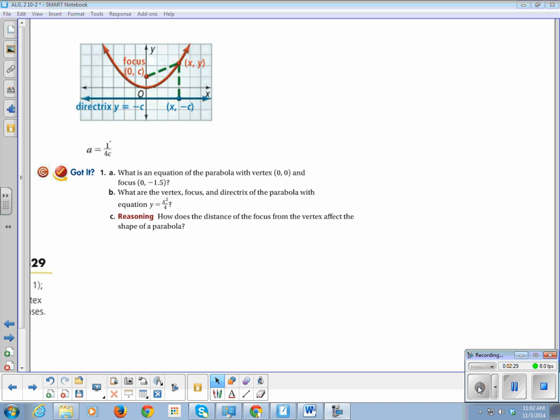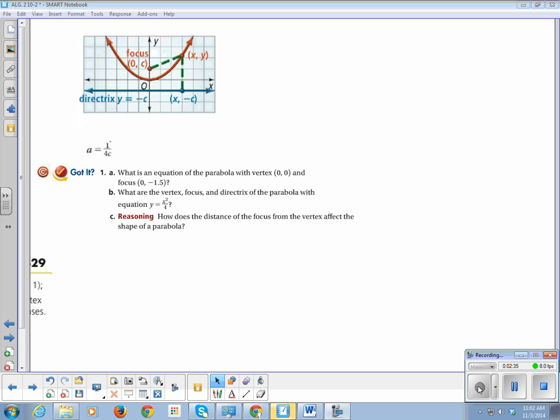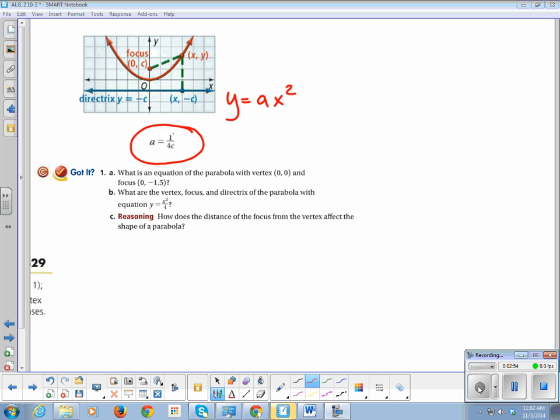For a vertical parabola, the parent function is y equals ax squared, and a is equal to 1/4c.